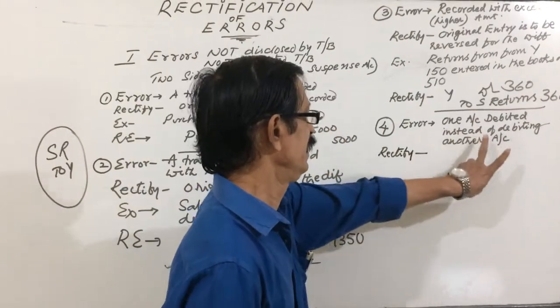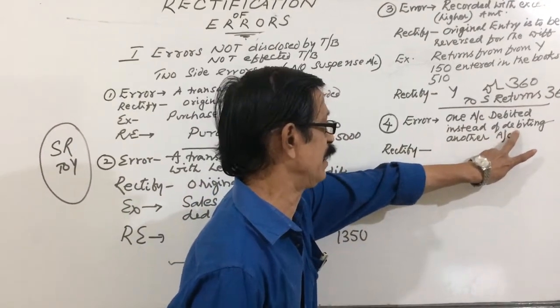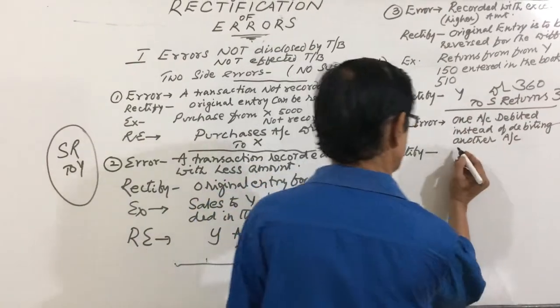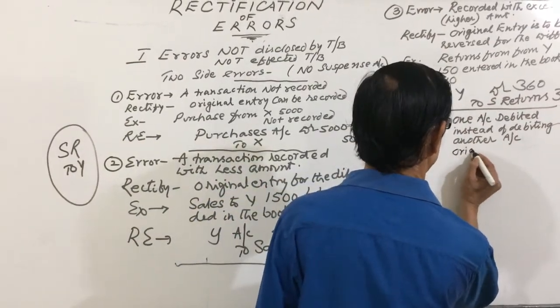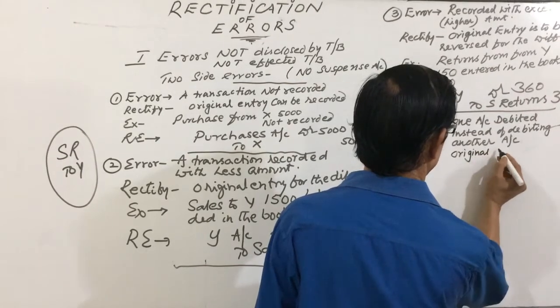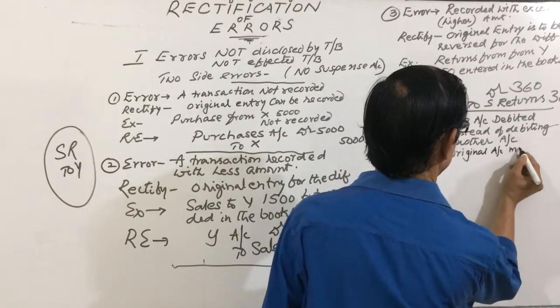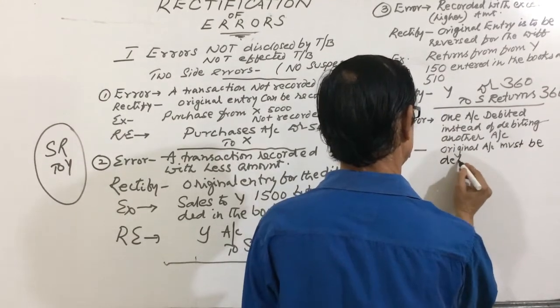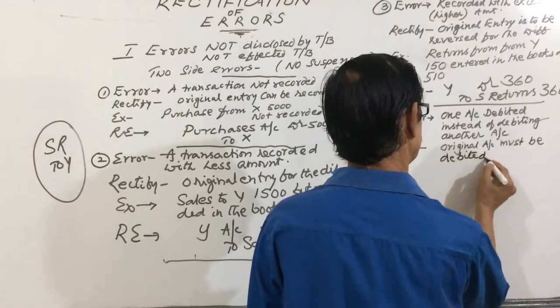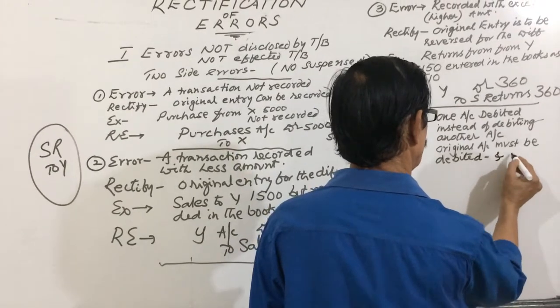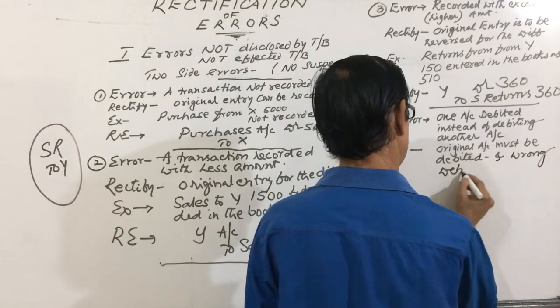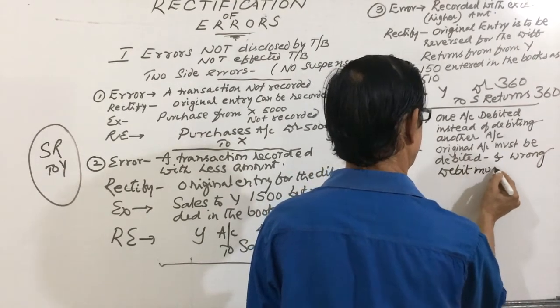Look here. Instead of debiting one account, they debited another. Understand? The original account must be debited, and the wrong debit must be credited.